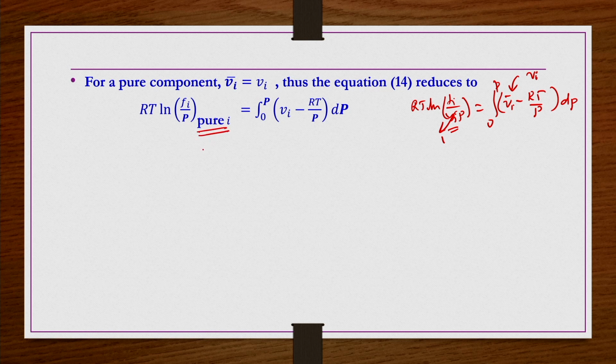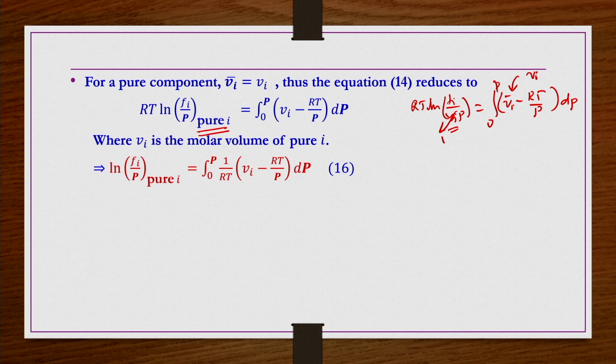Just to differentiate fi from the fi of a component in the mixture, we are using the subscript pure i like this. So, RT ln (fi by P) of pure i is equal to the integral from 0 to P of (Vi minus RT by P) dP, where Vi is nothing but the molar volume of pure i.